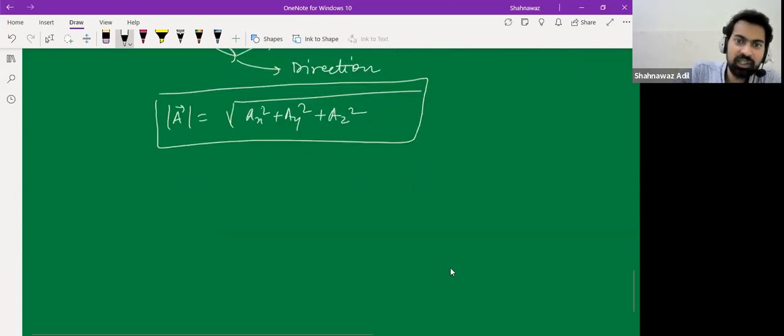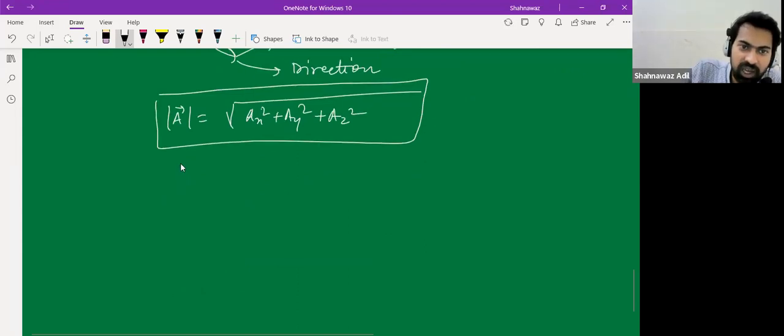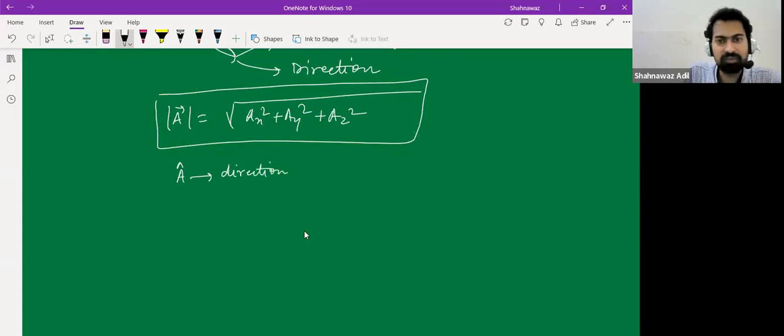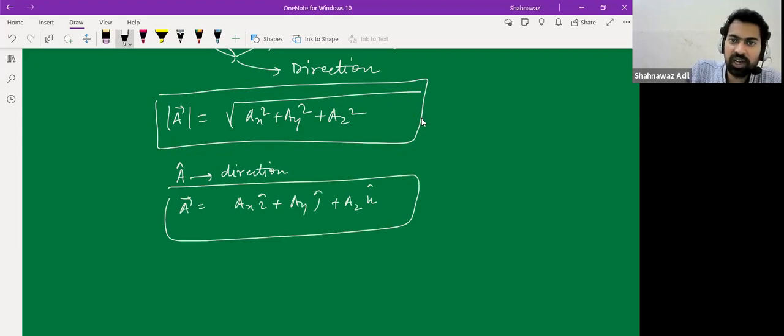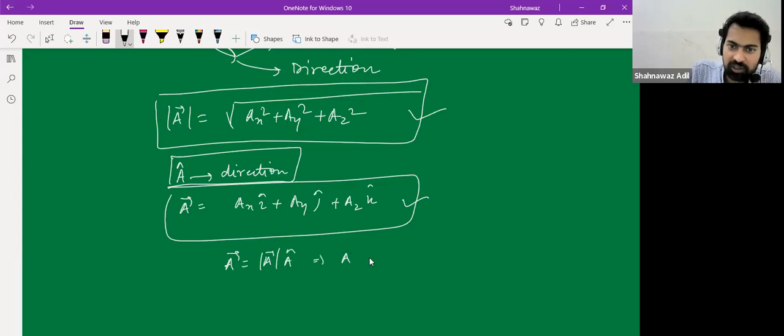And then you can calculate the direction. A hat represents the direction, right? So how can we calculate the A hat? Your vector is this, and this is the magnitude. So your A hat is the A vector divided by the A magnitude.